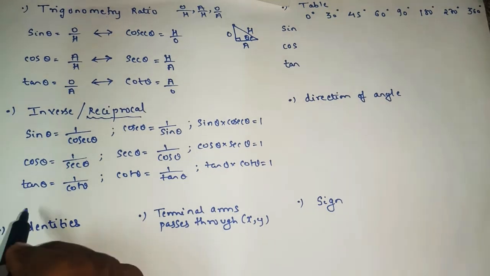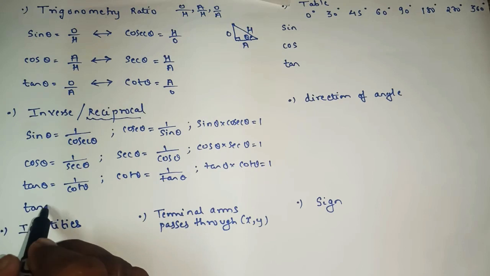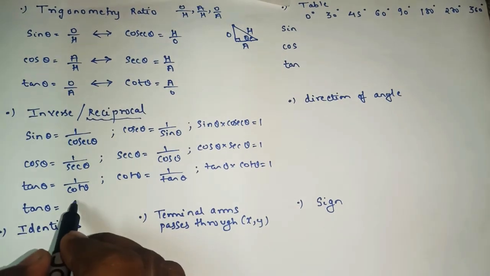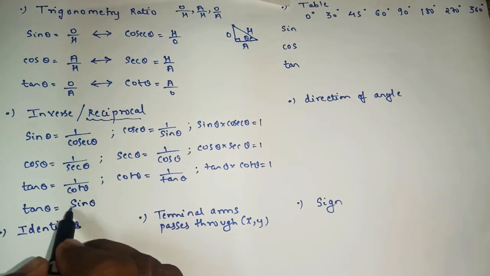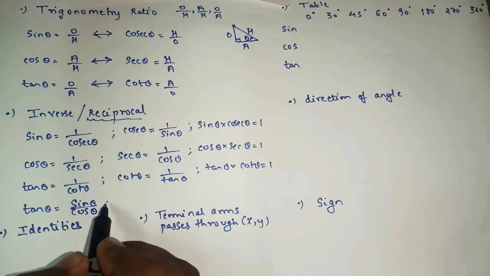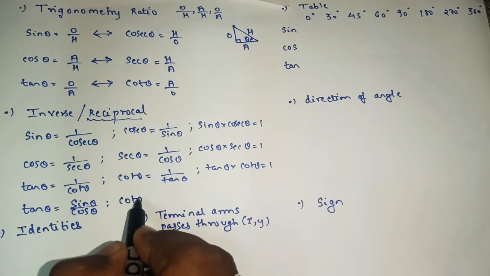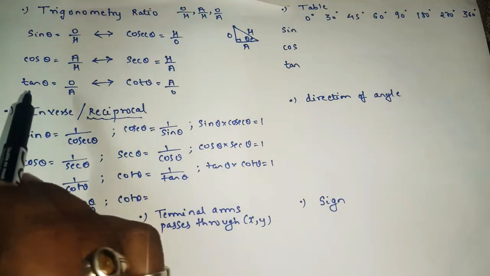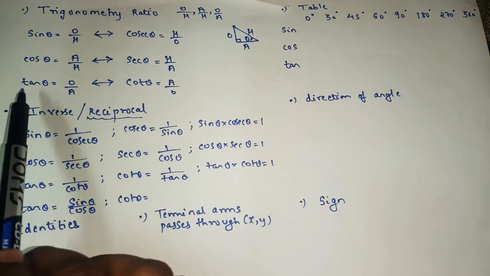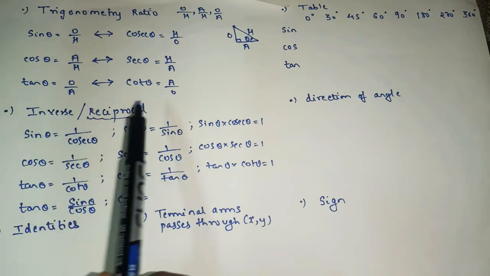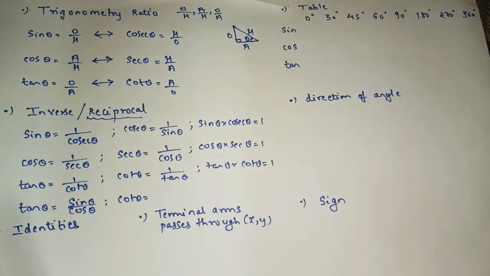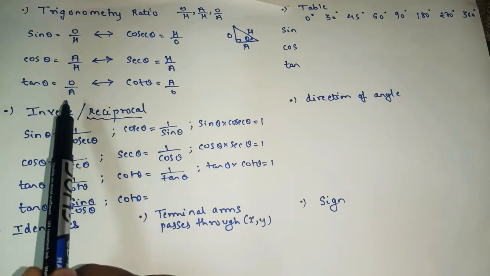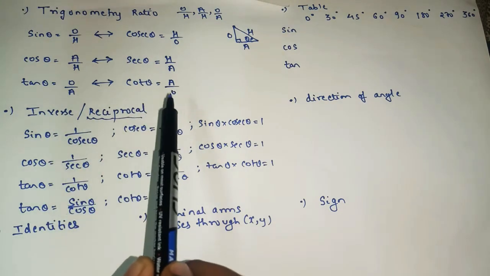Then after that, we have two more formulas. Tan theta in terms of sine and cos is sine theta upon cos theta. So cot theta will be what? We know that there is a reciprocal relation between tan and cot. If tan theta is O upon A, cot will be A upon O. Suppose your tan is 2 upon 3, so cot will be 3 upon 2.